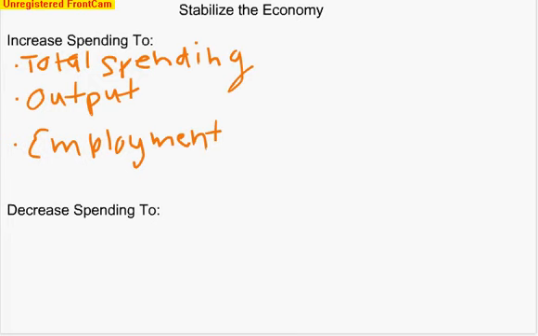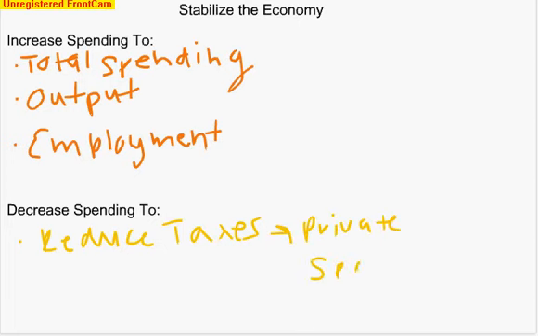This means that they can reduce taxes to make more money available for private spending. All this means that the government can basically manipulate the circular flow model to fight problems such as unemployment that might present itself in a market economy.